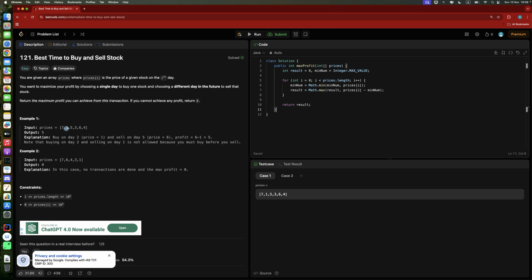What we mean here, we have the same input, like see, but see the statement. You're given an array prices where prices[i] is the price of the stock on the day, right? The same thing. You want to maximize your profit by choosing a single day to buy one stock and choosing a different day in the future to sell that stock. Return the maximum profit you can achieve from this transaction. If you cannot achieve any profit, return zero.